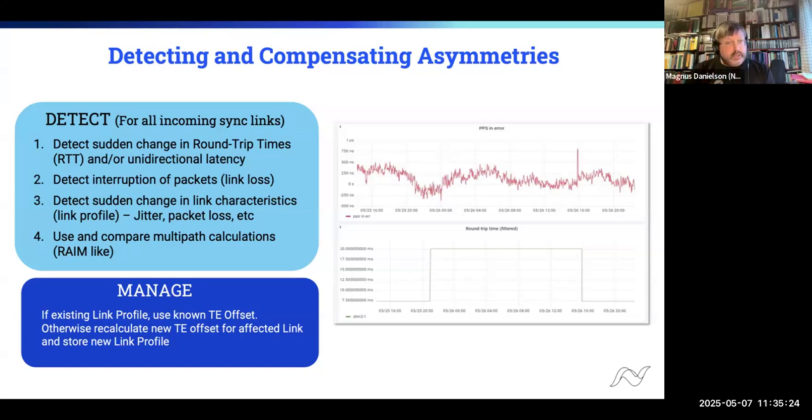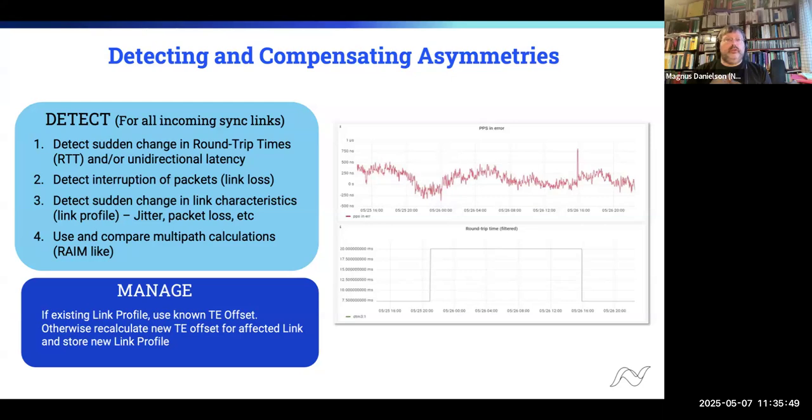But it's a good indicator that something happened to the link. That can happen, for instance, when you do a reroute. Also, other things can change. It could be jitter, packet loss can change, etc.